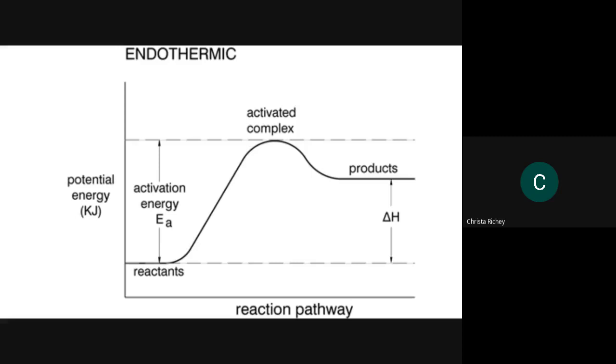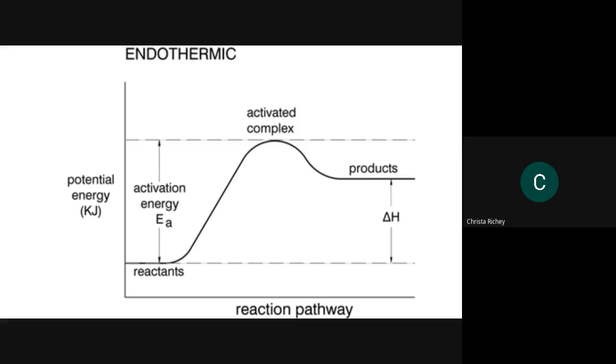Okay, so your delta H is from here, because you're going to go straight across with the reactants to your products. So this is your delta H, which is 30 minus 10. You got that right.